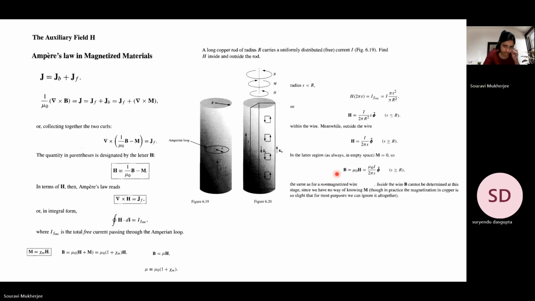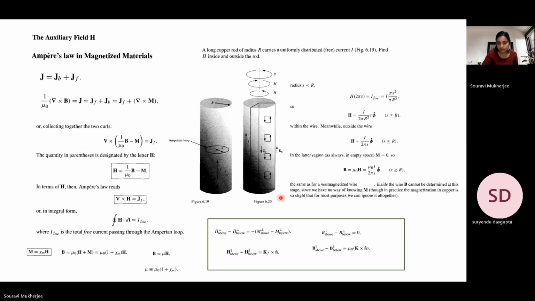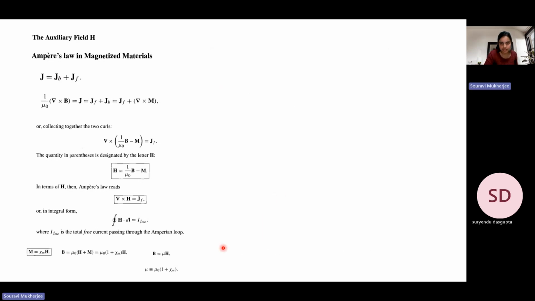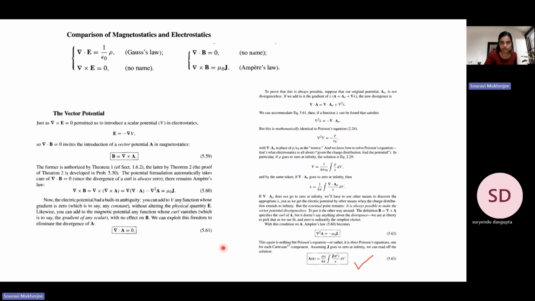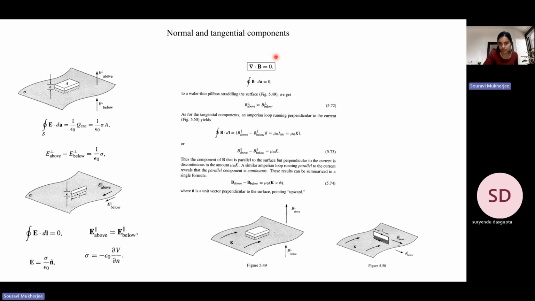So anywhere in a medium where the permeability is different from free space, you have to take into account the permeability of that medium and then relate the auxiliary field with the net field. Now, if I go back, we discussed how one can start from the divergence of B and the curl of B and go to the boundary conditions.